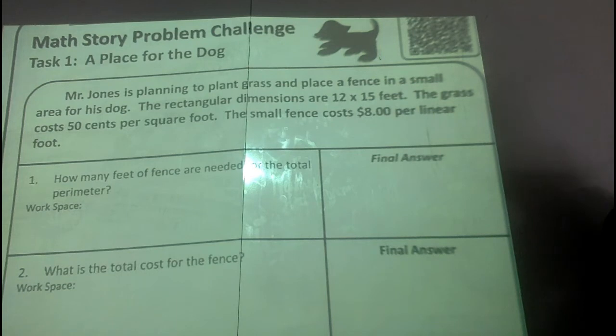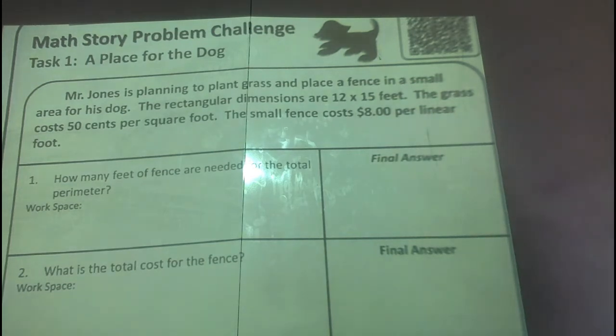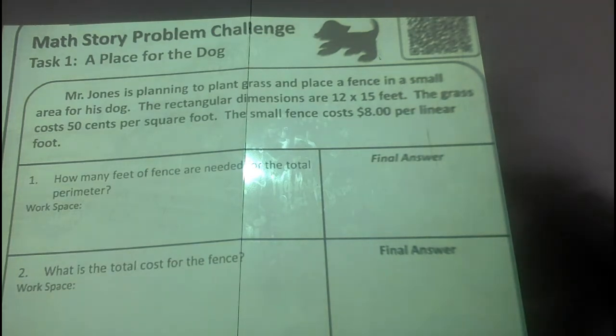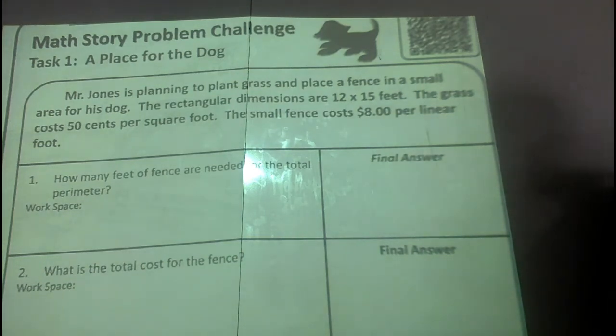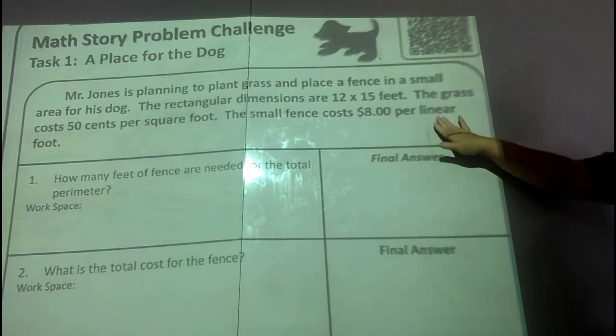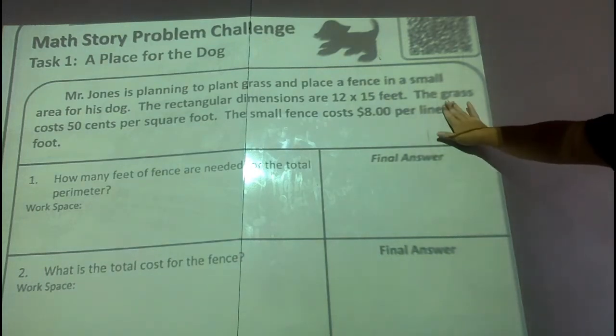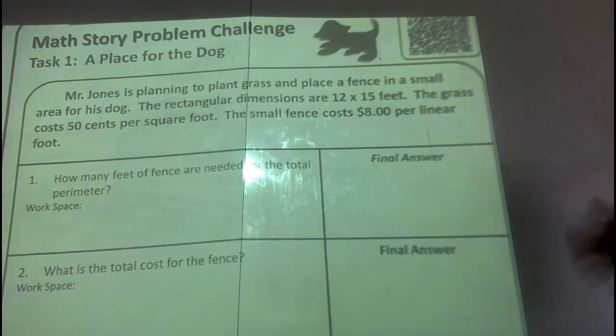The grass costs 50 cents per square foot. The small fence costs $8 per linear foot. When we look at linear, boys and girls, what do we see in linear? We see the word line. So linear means in a line.